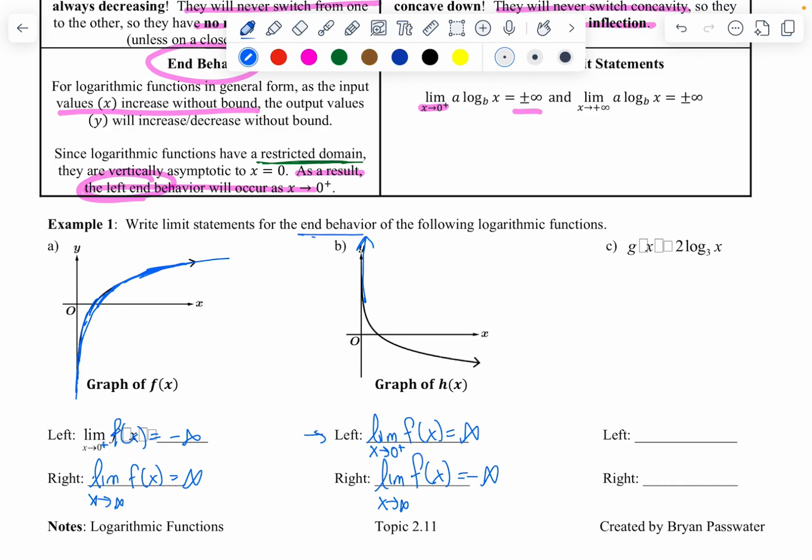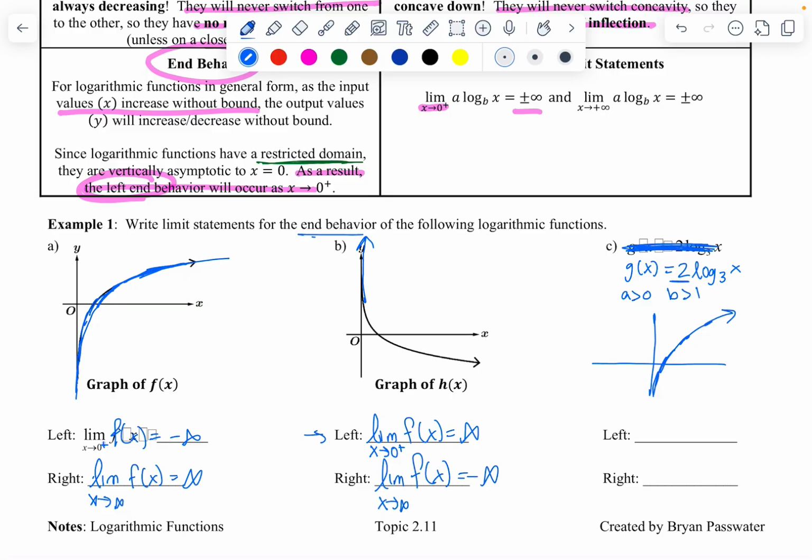Now for this one, I know you can't read it, so I'm going to rewrite it. This one is supposed to say g of x is equal to 2 log base 3 of x. Because you notice that a is greater than 0, and of course b is greater than 1, you know kind of how this graph looks. It does not have to be perfect, but I do know that it's going to look like a typical log function.